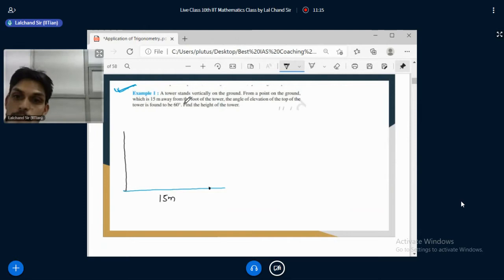Okay, now from this point, the angle of elevation of the top of the tower is 60 degrees. So this is top of tower. So if we make a straight line from this point to this point, then this angle is 60 degrees. Okay, so this is our angle of elevation.